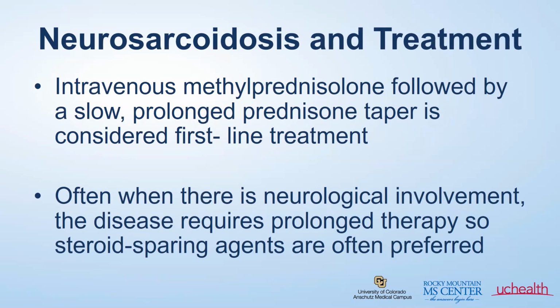Long-term use of steroids comes with many side effects, including osteoporosis, where we see weakening of the bones, diabetes, increased risk of infection, as well as thinning of the skin and poor wound healing, which can lead to bruising. So we really try to avoid these medications long-term if we can, and we do that by starting something called a steroid-sparing agent, so we don't have to continue the steroids for a long time.